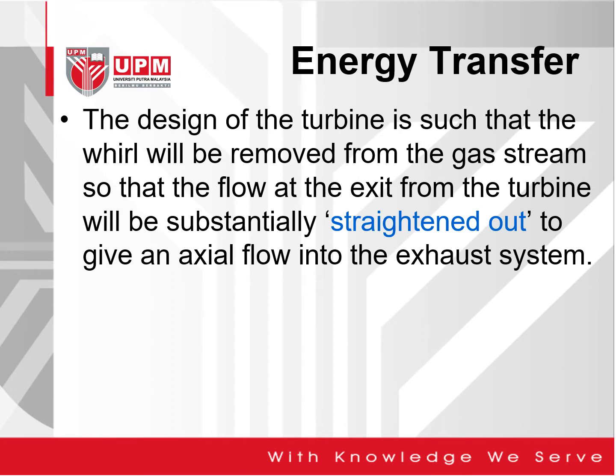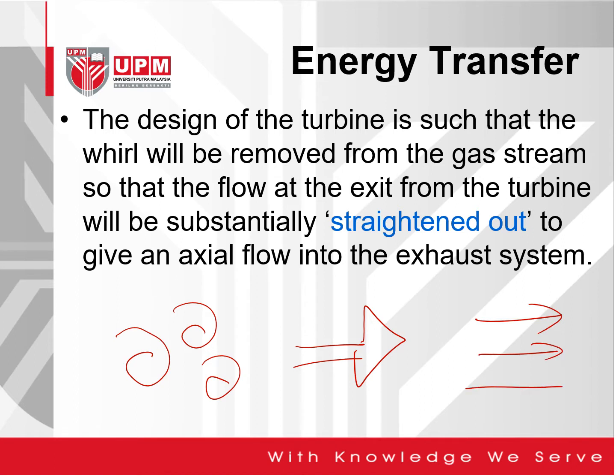The design of the turbine is such that the whirl will be removed from the gas stream so that the flow at the exit from the turbine will be substantially straightened out. It comes in with a whirl or spiral, but it will eventually be straightened out to give an axial flow into the exhaust system.